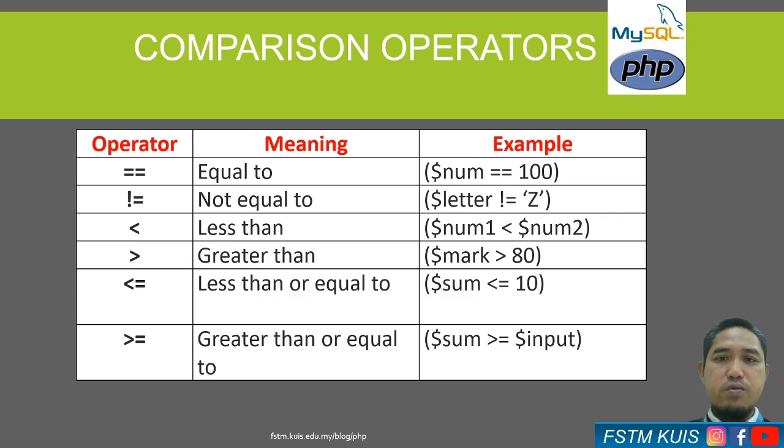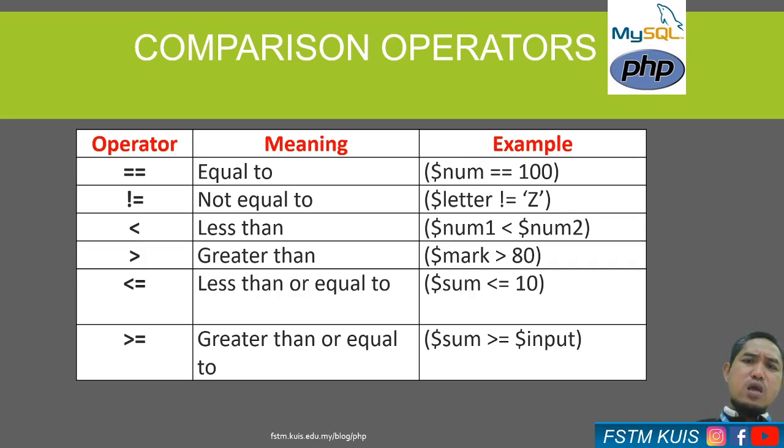Whereas if the value inside the variable num is, let's say, 0, is 0 equal to 100? No. In this statement, if num is 0, the result will be false.